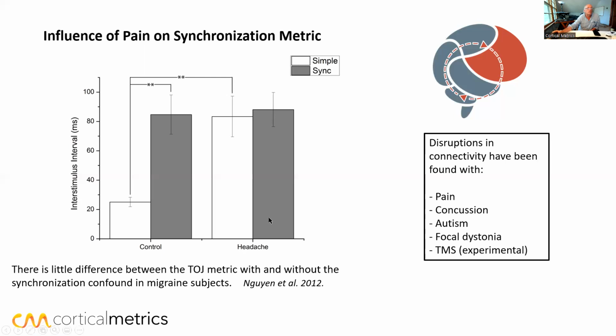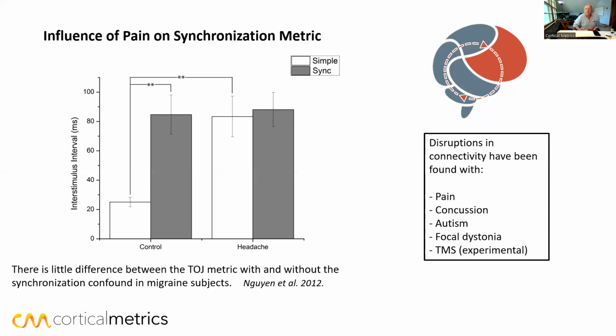Now, what do we have with the migraine or headache patients who have chronic pain conditions? Well, their TOJ is higher, but the conditioning carrier does not have any impact on them. So to summarize, the disruptions in connectivity cause the connectivity score to go down, and cause the difference, or the illusion, to go away.